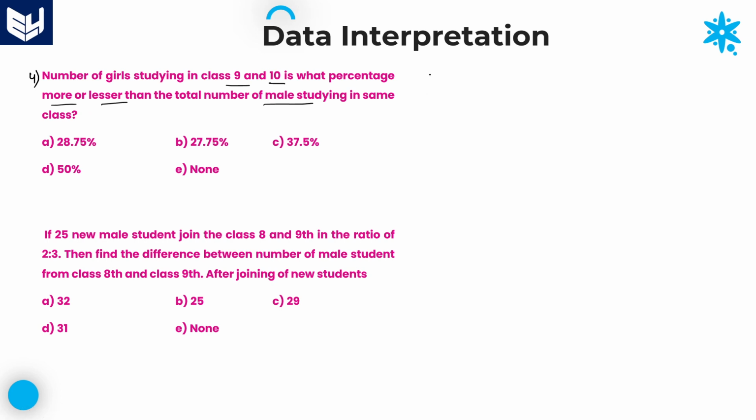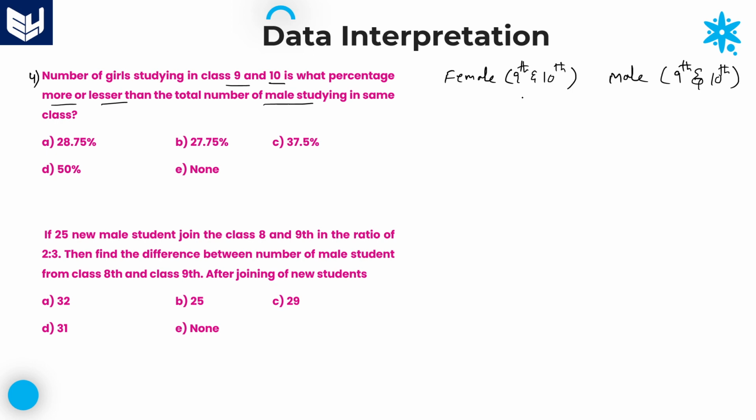He is asking us to calculate the number of girls, meaning female candidates, who are studying 9th class and 10th class together. This value is what percentage more or less than the number of male candidates studying the same classes, that is 9th and 10th together.